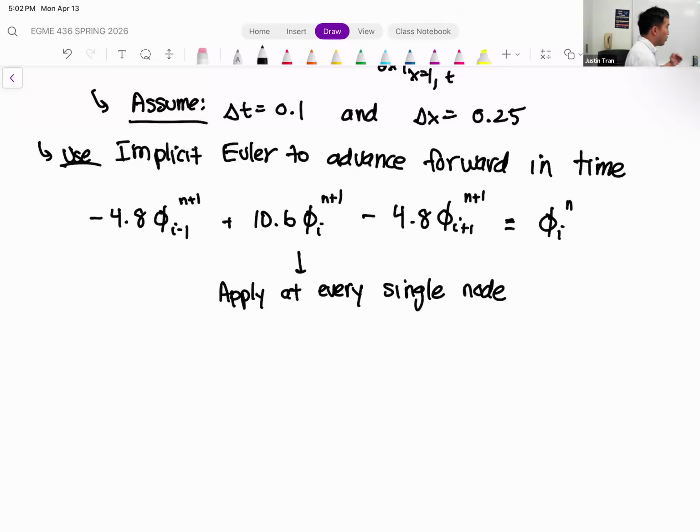So we're going to apply this at i equal to 1, 2, 3, 4, 5. Except, we do have knowledge from the previous problem that we are going to modify this for our boundary conditions. So we're going to apply this at every single node except the boundary nodes.